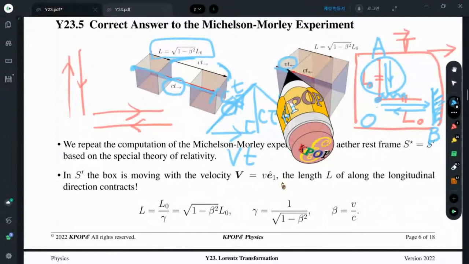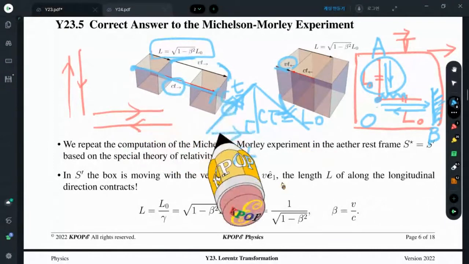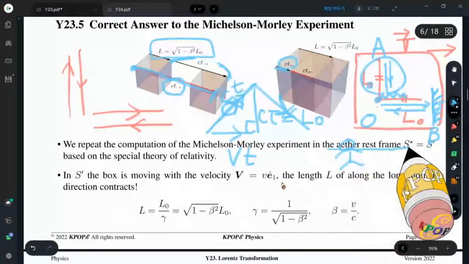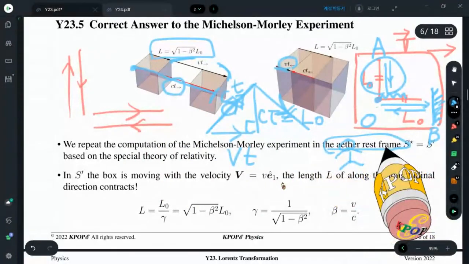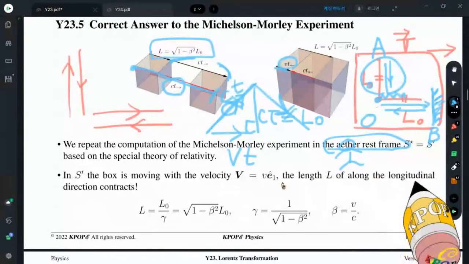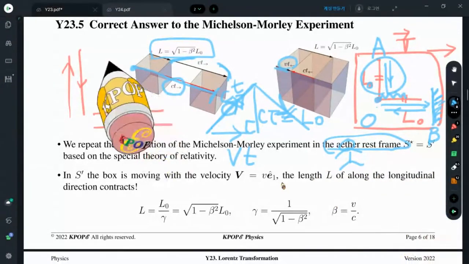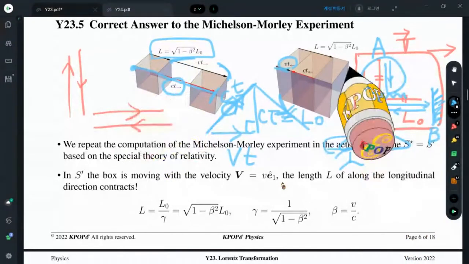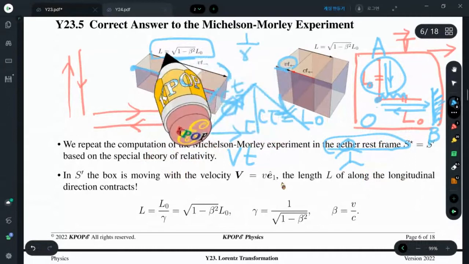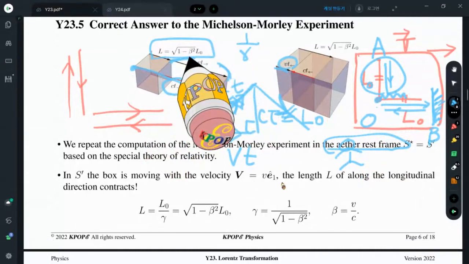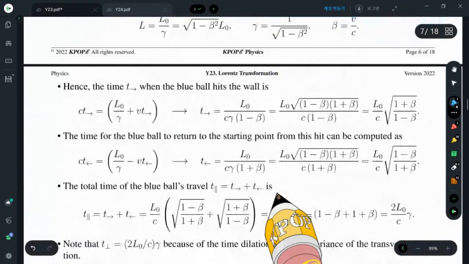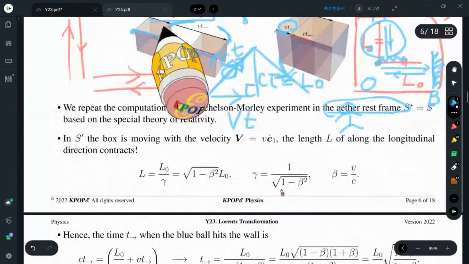In addition, when the box is moving in the frame, for example the Sun's rest frame, the length of this whole device shrinks by a factor of 1 over gamma, that is square root of 1 minus beta squared. Okay, using all of this, look at this.